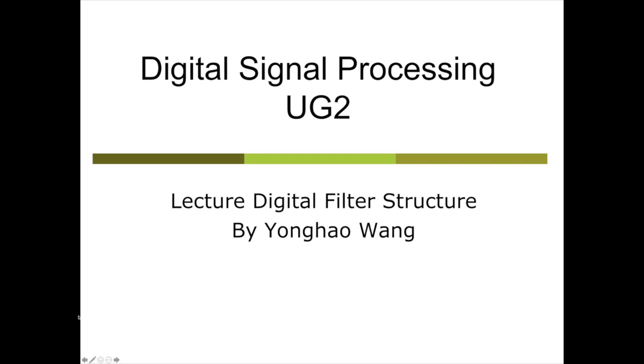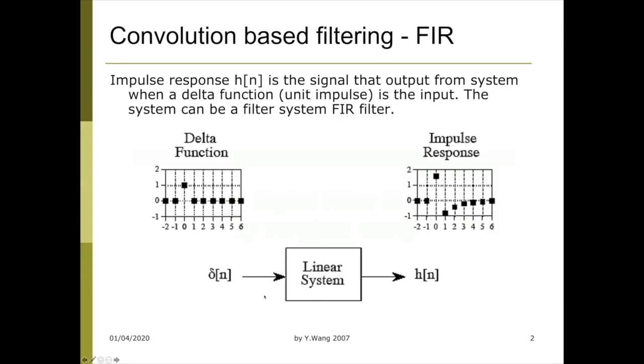Okay, so let's go to the concept. We have actually done digital filters already, in a specific aspect, which is the FIR filter. The first slide, the picture shown here, everybody is familiar with; this is basically a process of convolution.